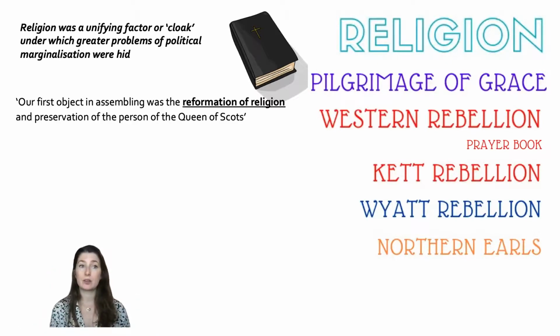In terms of evidence, we've got the fact that they stated themselves, "Our first objective in assembling was the reformation of religion and the preservation of the person of Mary, Queen of Scots." Mary, Queen of Scots plays a very pivotal role, I believe, in being a magnet. A magnet is actually a direct quotation from the historian Bindoff. You can use that in your essays. It's fantastic to throw that in.